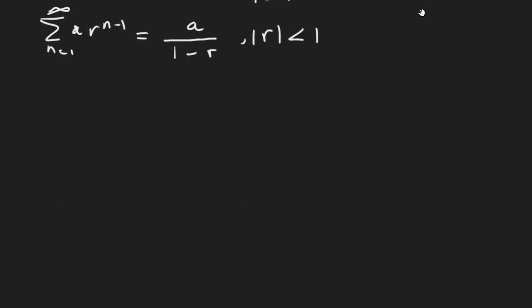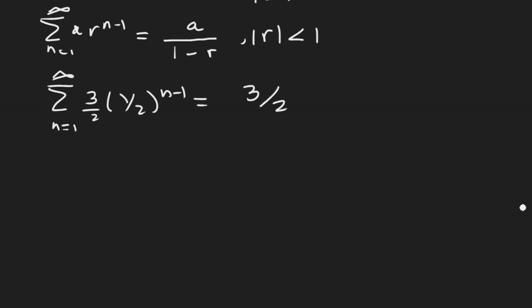Well, it helps us in the sense that if we consider the series we were talking about earlier, the sum from n equals 1 to infinity of 3 halves multiplied by 1 half raised to the n minus 1, this would be the first term, 3 halves, divided by 1 minus 1 half.